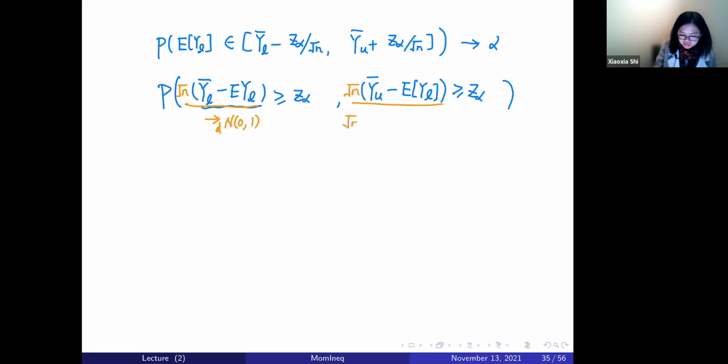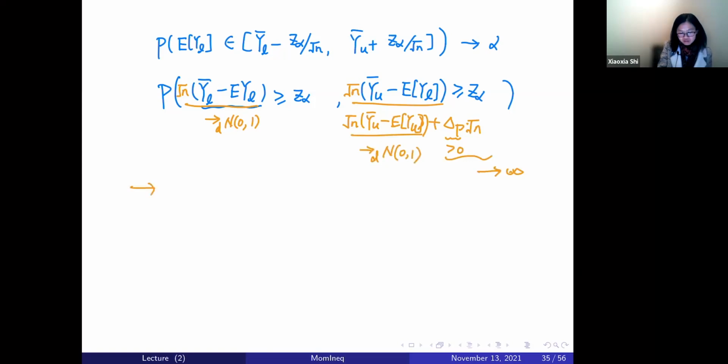But this part is root n times (YU minus EYU) plus (EYU minus EYL), which is the length of the interval, times root n. Length of the interval is positive for every given P. So root n times that positive number is going to infinity. And this goes to normal 0, 1. So therefore, that probability goes to the probability of normal 0, 1 bigger than Z alpha, and that is alpha.